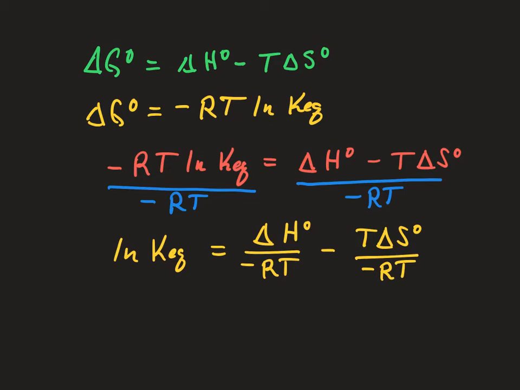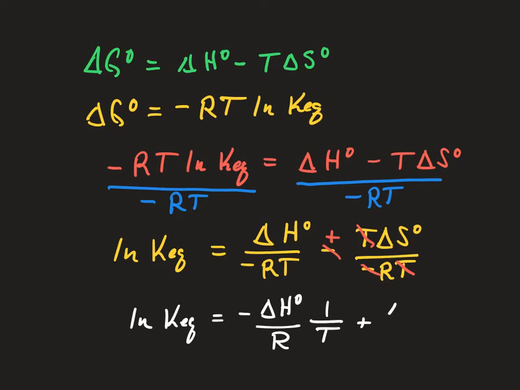A negative divided by a negative gives us a positive, and temperature divided by temperature is 1. And so we can sum this up as the natural log of the equilibrium constant is going to be minus delta H0 over R, 1 over the temperature, plus delta S0 over R.